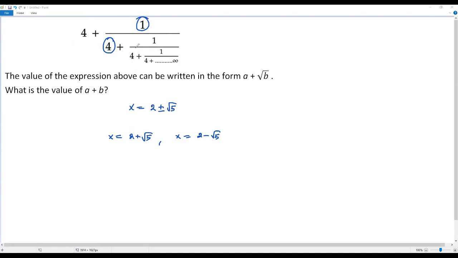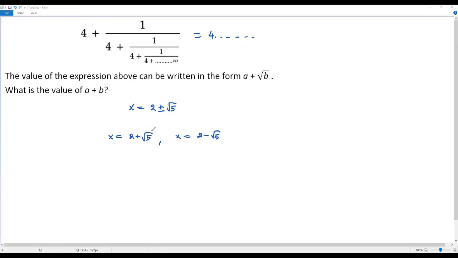So clearly we divide 1 by 4 point something. When I divide 1 by 4 point something, it will be 0.25 or 0.26, anyways, some value between 0 and 1. So we are adding a value between 0 and 1 to 4. Then it must be equal to 4 point something. So the value of the given expression is 4 point something.